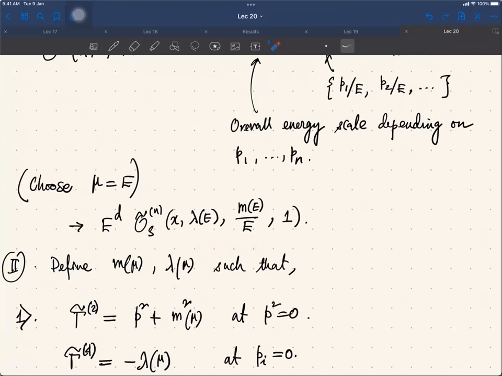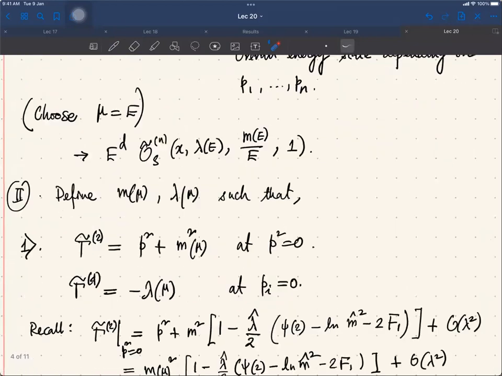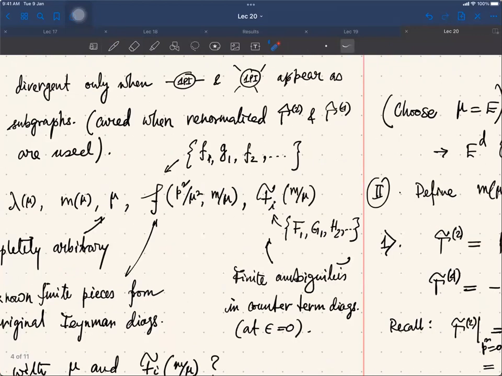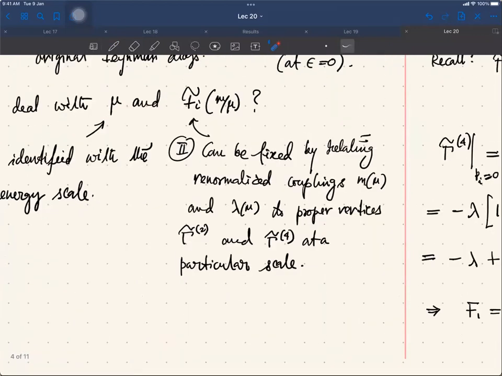And whatever I just described in number 2, which is this one, is actually called a renormalization prescription. So the particular way of defining these renormalized quantities by eliminating the finite ambiguities of the counterterm is called a renormalization prescription.